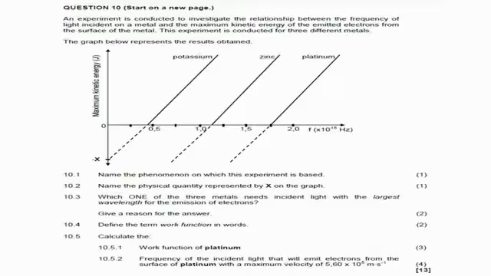Then 10.5 says calculate the work function of platinum. So we must calculate the work function of platinum, which is W0. Where is platinum? From platinum we can see that here we are given the threshold frequency, right? So if we find the average between these two frequencies, then we can know the threshold frequency there.